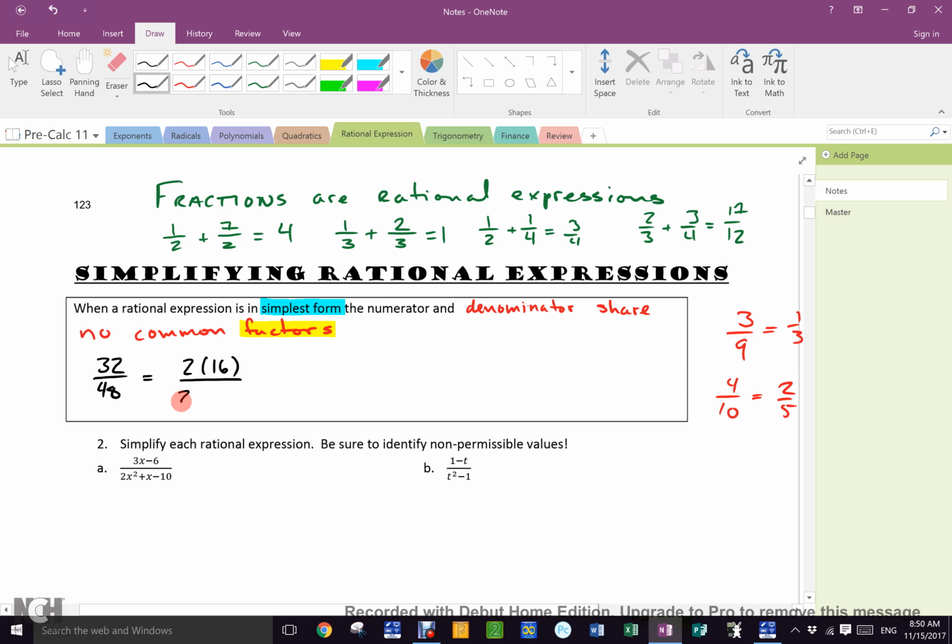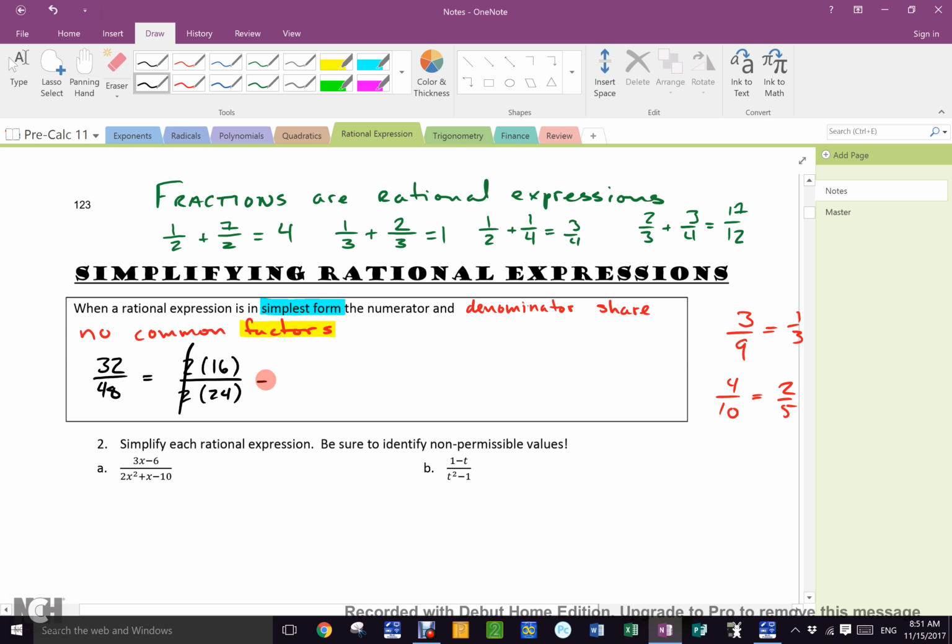And this one is going to be 2 times 24, yes? Now, what math is happening right there on the red dot? Multiply, right? Which means 2 and 16 are factors, aren't they? And 2 and 24 are factors, aren't they? Right? These 2's are common, yes? So I cancel them out.